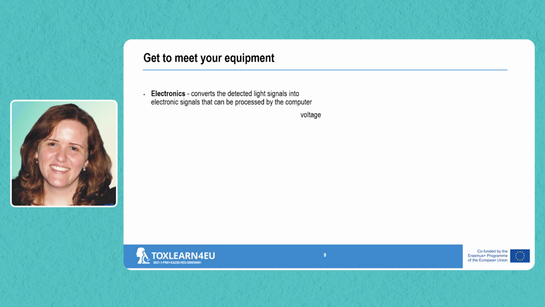This is because one of the components of the electronics is photomultiplier tubes and an amplification system. As you increase the voltage of those amplifiers, the signal will increase, and by increasing, your population will move in the graph. So you need to consider that.